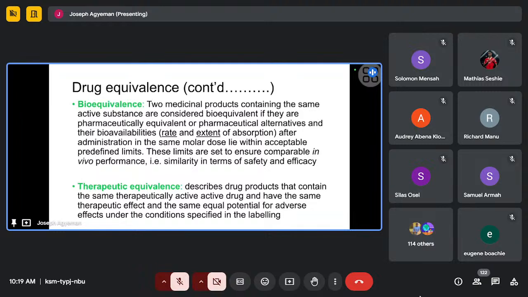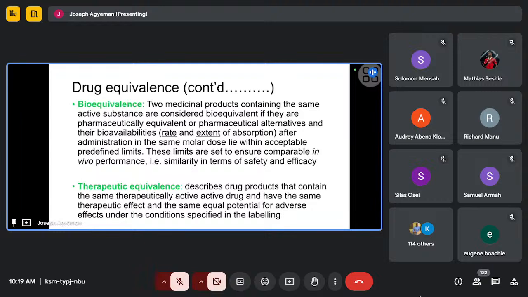So two drugs containing same active ingredients, they have possibly similar efficacy and also similar potential to cause adverse drug reactions. When two drugs display this, then we can say that those two drugs are therapeutically equivalent.